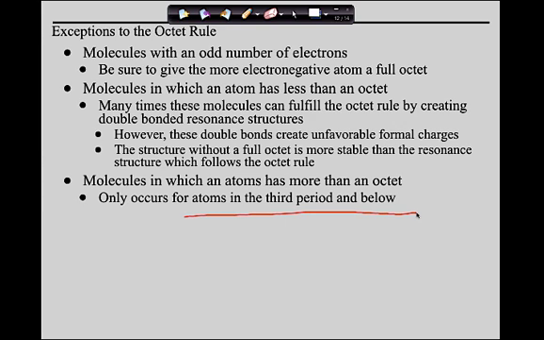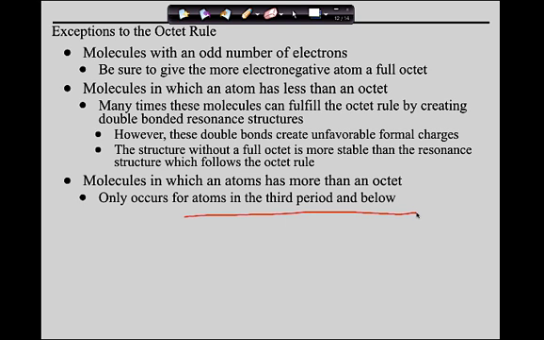So guys, the first elements that start to do this are these, like phosphorus, sulfur, and chlorine. These elements up here cannot have more than a full octet. The reason is where those extra electrons go. Because you know valence electrons are only the s and p, right? So the valence electrons, 2 in the s, 6 in the p, you're done.